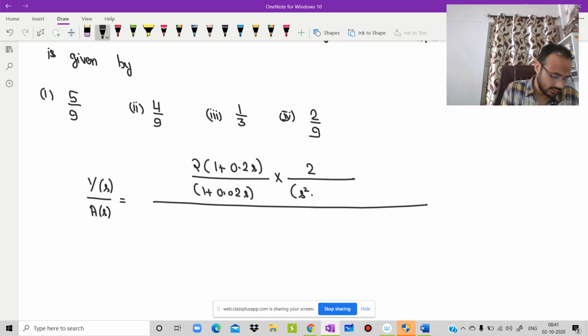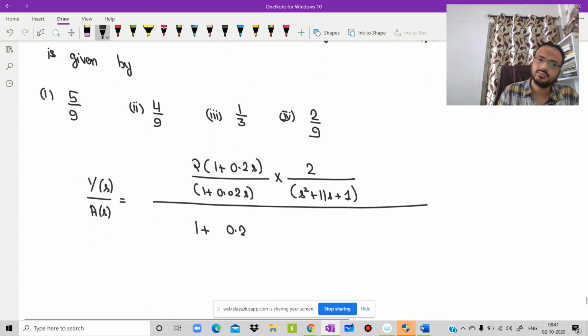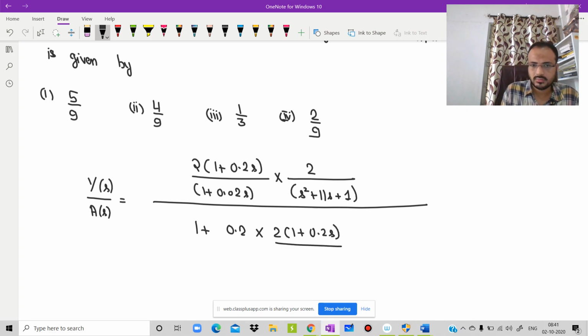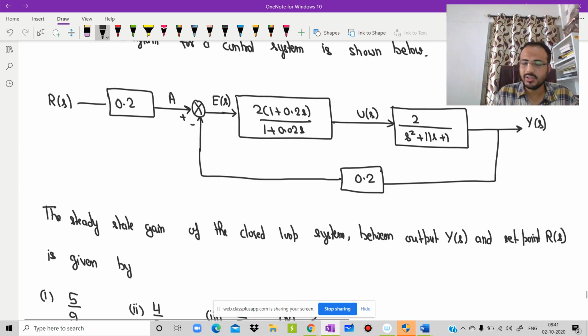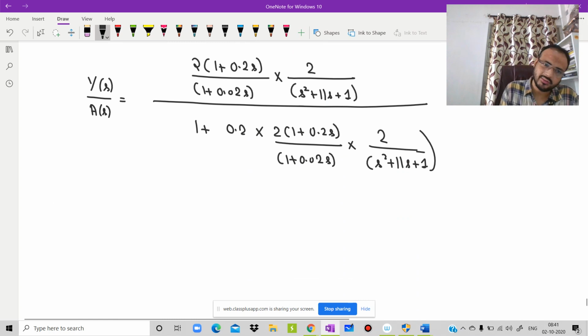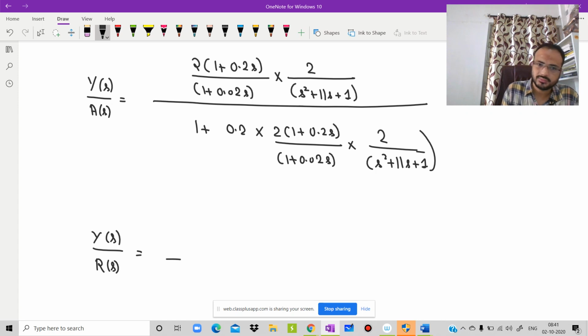2 by s square plus 11s plus 1 plus 0.2 into 1 plus 0.2s, 2 by s square plus 11s plus 1. You can write a is equal to 0.2 into R of s. So you will get y of s divided by r of s, that is 0.2.